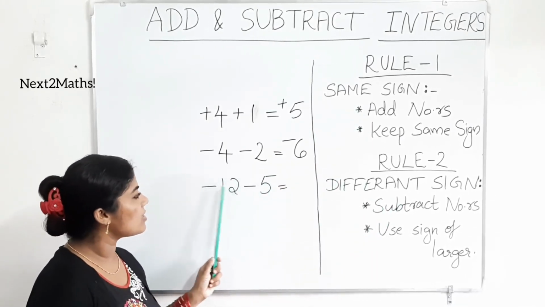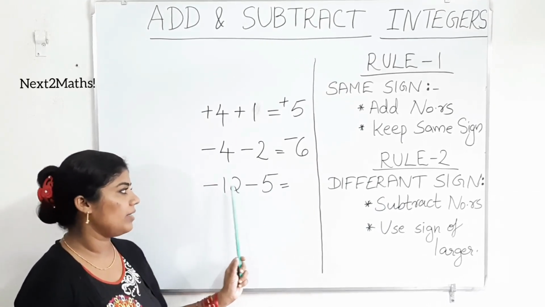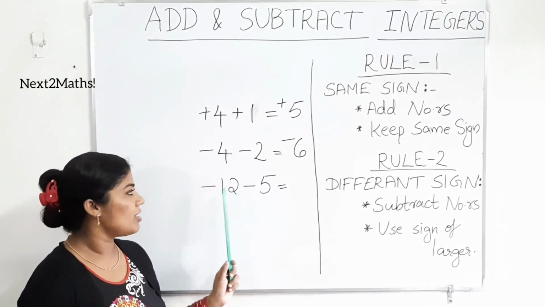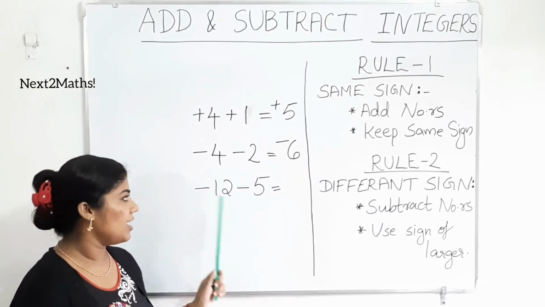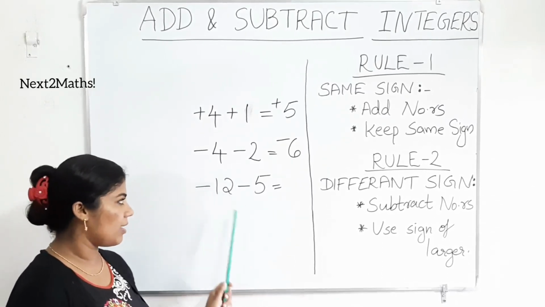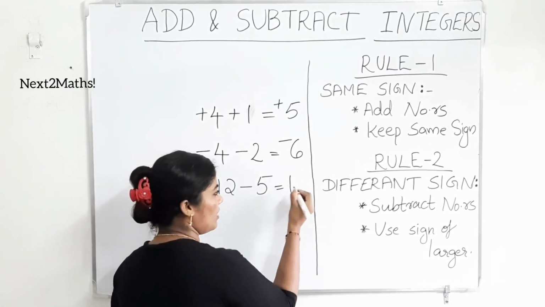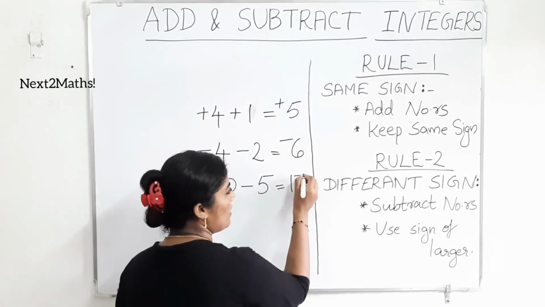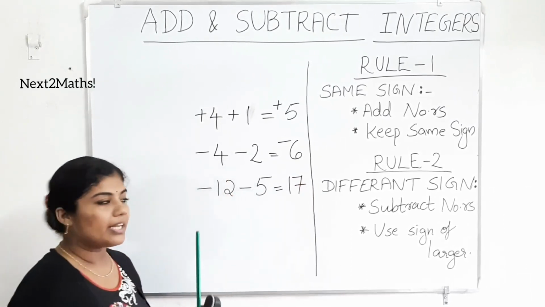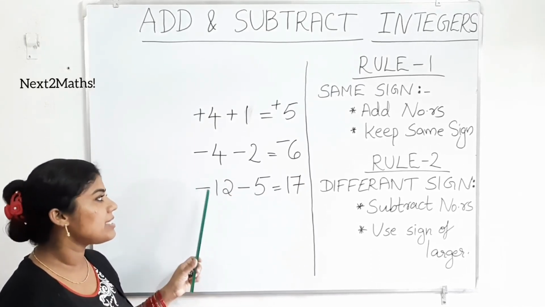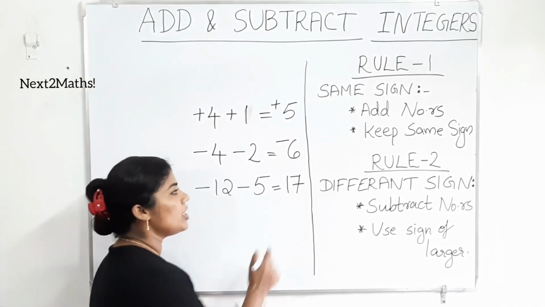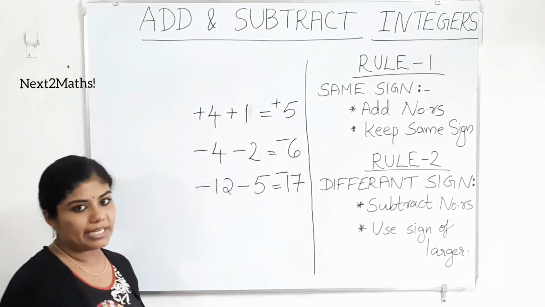See, both numbers have the negative sign. So both have the same sign. If it is the same sign, add up the numbers. 12 plus 5 is 17. Then you just give the same sign here, negative. So put the negative symbol itself.